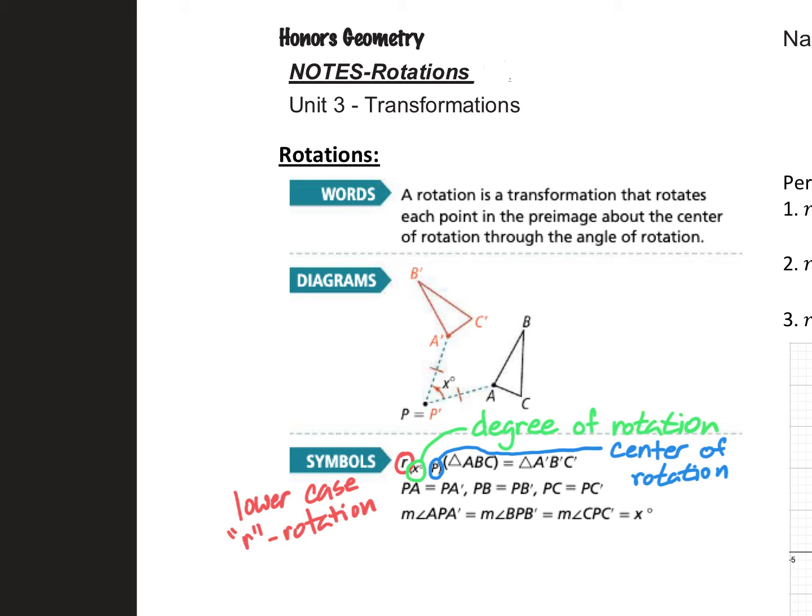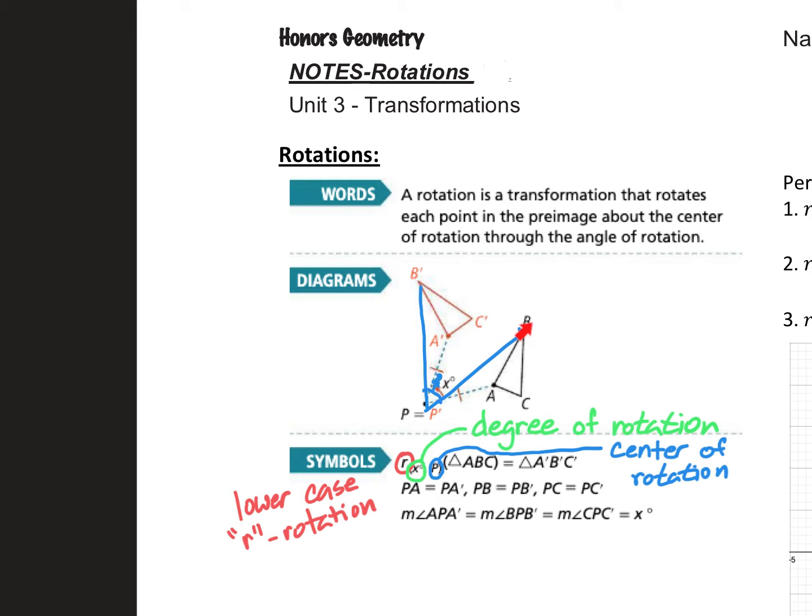For instance, this angle, APA prime, this angle right here, is some degree. And that degree is the same as the degree of BPB prime. That's also x degrees, whatever that is.